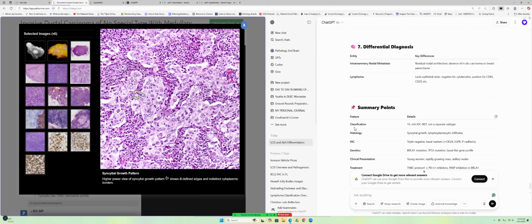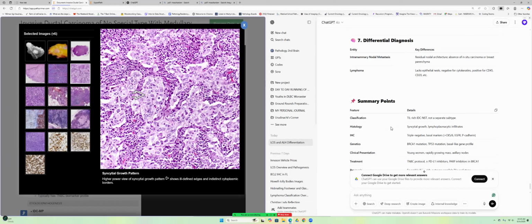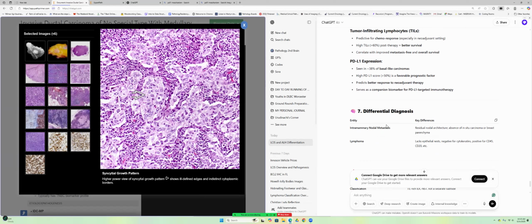But if one is confused, one can do IHC, for instance CD20 for B cells.